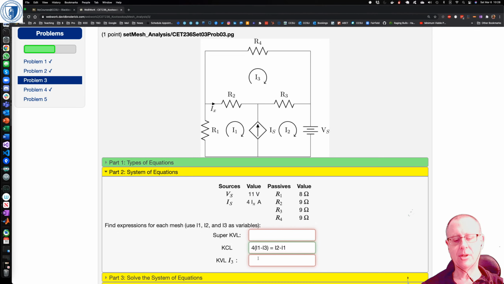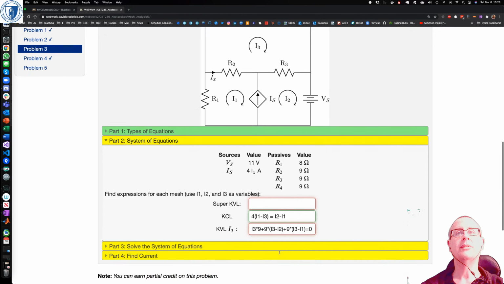Well, that's just going to be I3 times R4, which is 9, plus VR3, which is 9 times I3 minus I2, and then plus VR2, and that's again 9 times I3 minus I1 this time, and that whole thing equals 0 because it's a KVL equation.